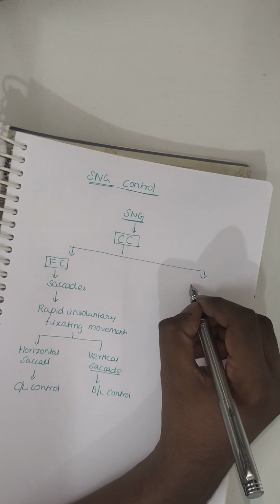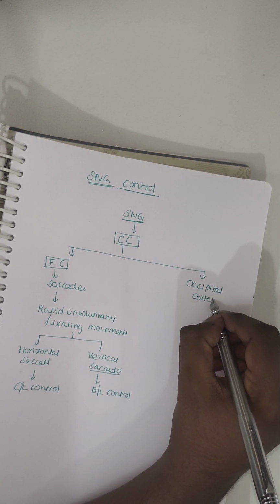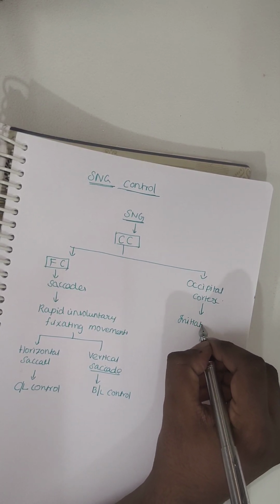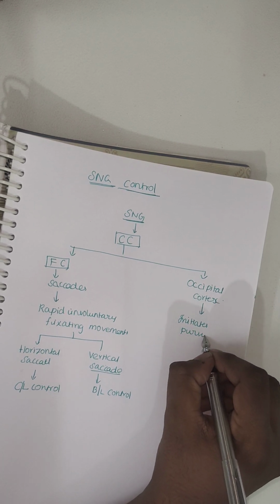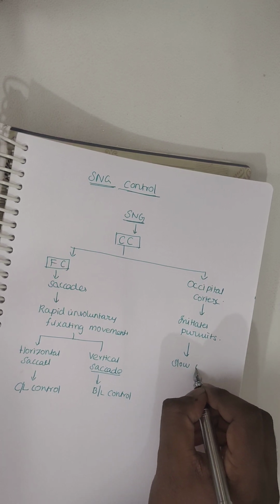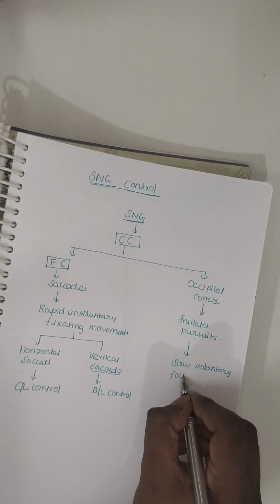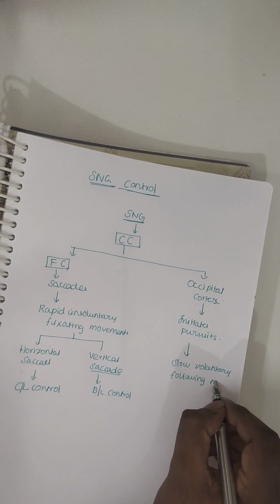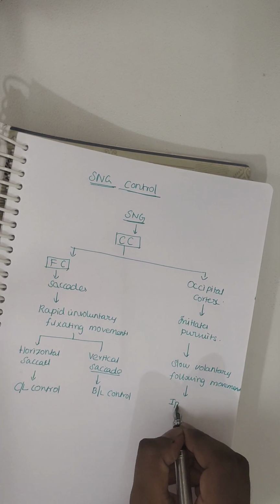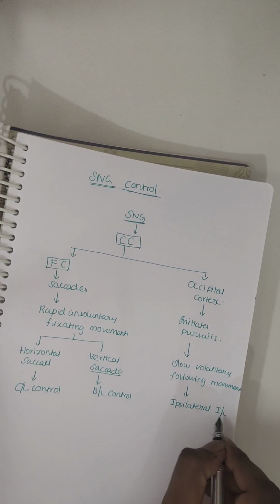Then in the cerebral cortex, the occipital cortex initiates pursuit movement. They are slow, voluntary following movements, with ipsilateral, IL control.